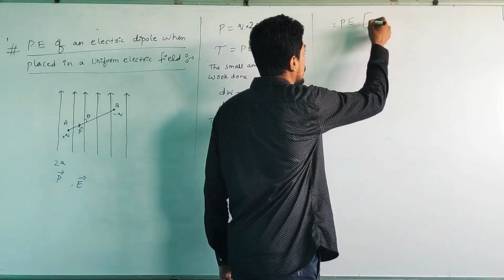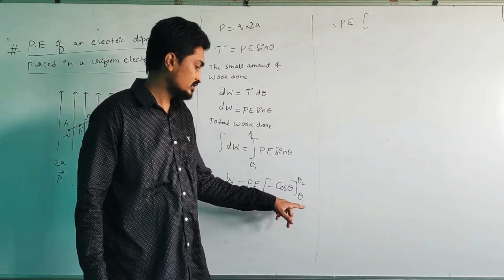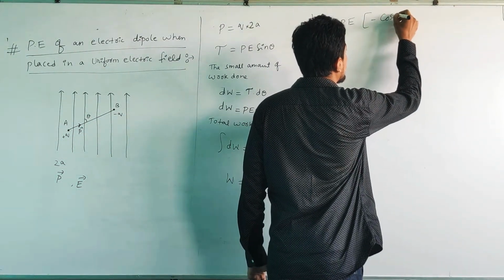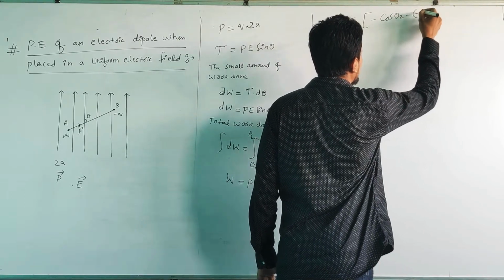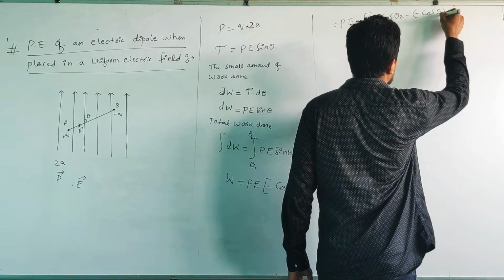Substitute the limits. The upper limit is theta 2 and the lower limit is theta 1. So minus cos theta 2 minus of minus cos theta 1.